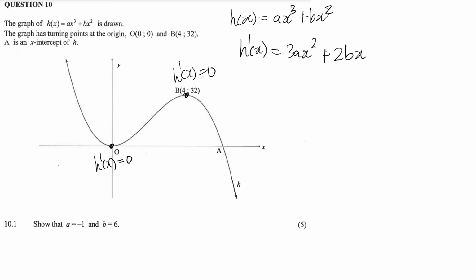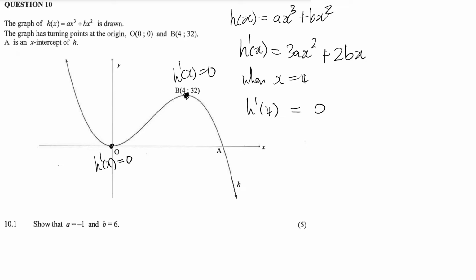We know that the gradient at the turning point is 0, so when x is equal to 4, h'(4) will also be equal to 0, because the first derivative when x is 4 is the gradient, and the gradient at the turning point is 0.